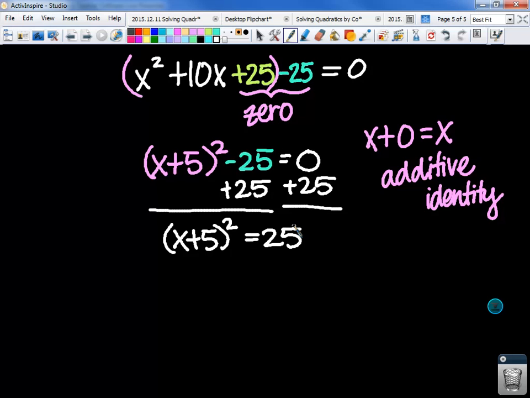And then to continue solving, I'm going to take the square root of both sides of the equation. The radical and the exponent of 2 cancel each other out, leaving us with the expression that was underneath the radical. X plus 5 equals the positive and negative square root of 25, and the square root of 25 is 5.